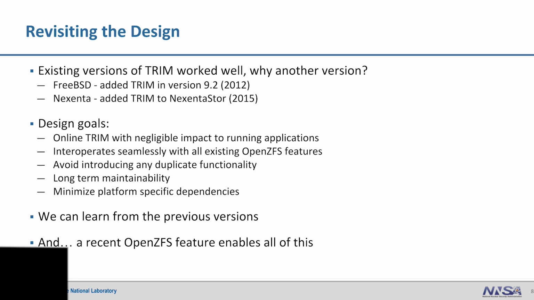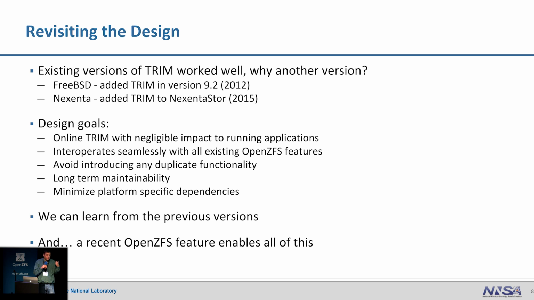The first one, probably a no-brainer: we want online trim support to not hurt applications. It should actually help application performance. We don't want it to negatively impact anything. Additionally, we want it to interoperate seamlessly with all of the existing OpenZFS features. This is one of the things that held back getting trim support into the Linux port for quite a long time.